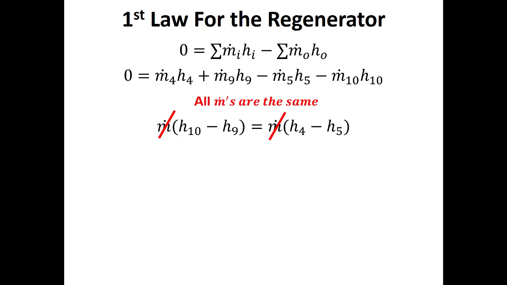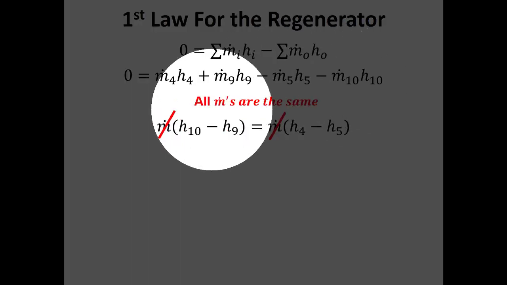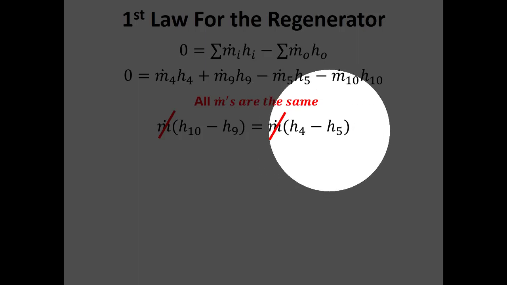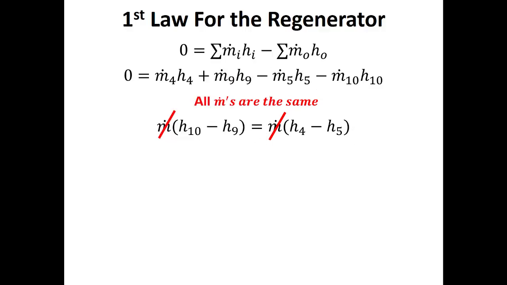And now the only thing that I don't know, because I fixed all these other states, is h10. I fixed state 9. That let me fix state 5. And I fixed h4 going through that second real compressor. So now I get an expression for state 10 that's a function of h4, h5, and h9.